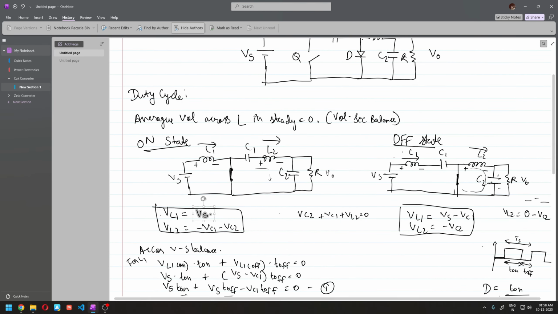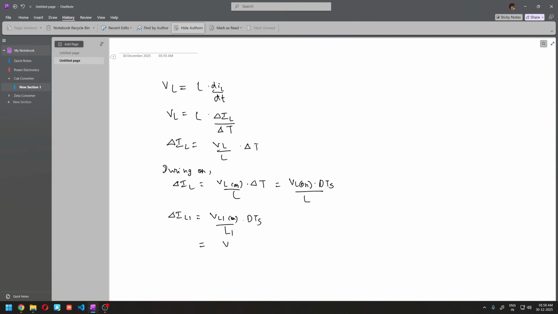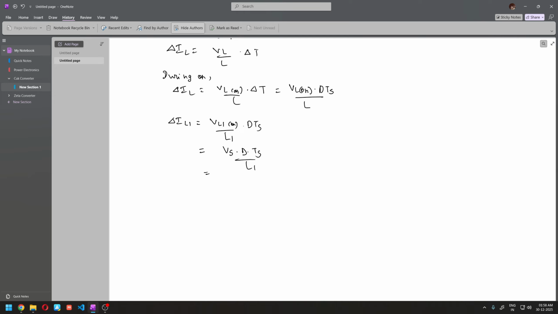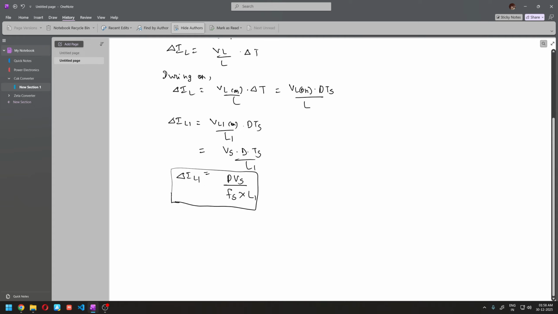So it is basically Vs. So we have Vs into dTs by L1, and you can take the Ts down, because rather than the switching time we generally talk about the switching frequency, let's say 50, 100 kilohertz. So Fs is just the inverse of this, so it's going to be dVs by Fs into L1. So that is the final equation. So yeah, we have derived that. This is a pretty small one.